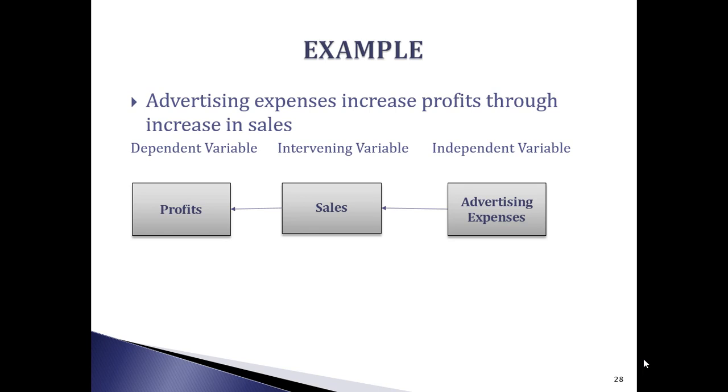For example, advertising expenses increase profits through increase in sales. Here, dependent variable is profit, intervening variable is sales, and independent variable is advertising expenses. Here, advertising expenses affect sales, which in turn affects profit.